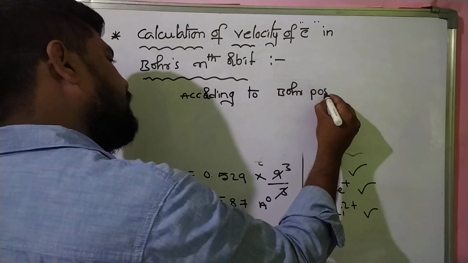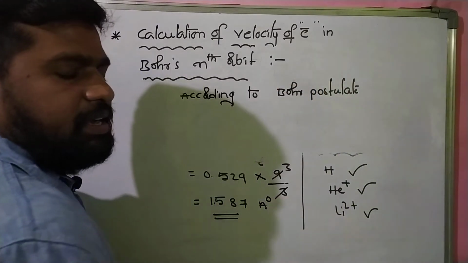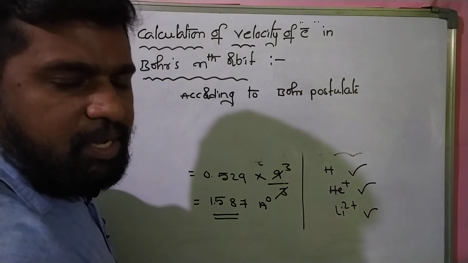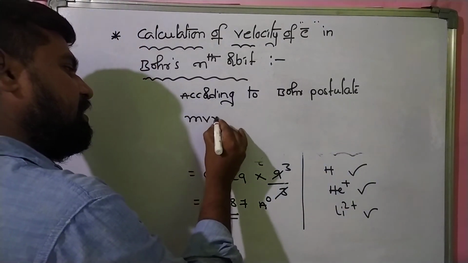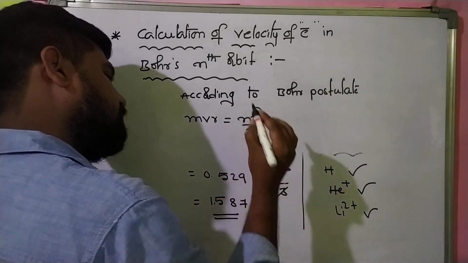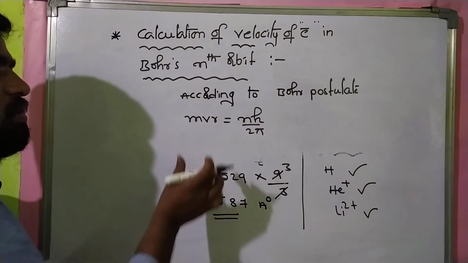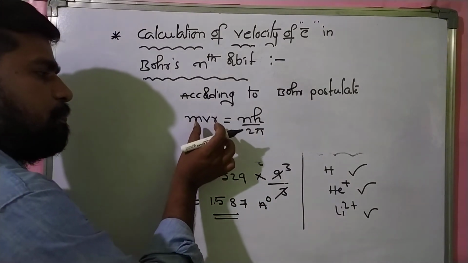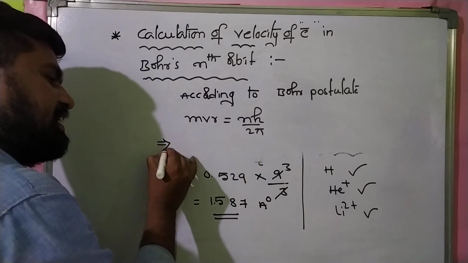I am taking the orbital angular momentum postulate, that is mvr equal to nh by 2 pi. From this we can calculate the velocity very easily.